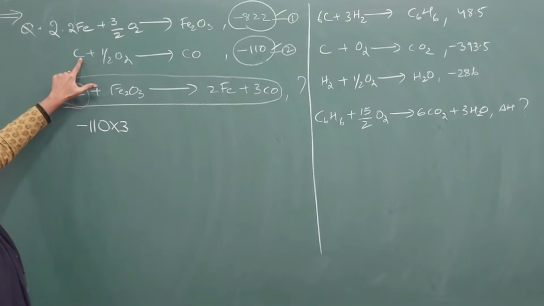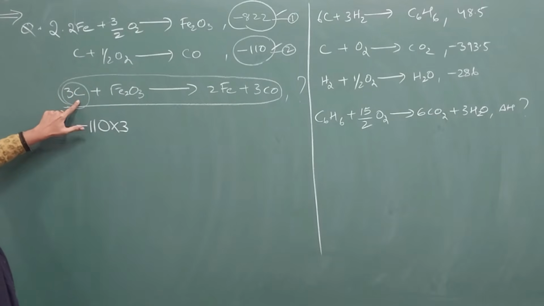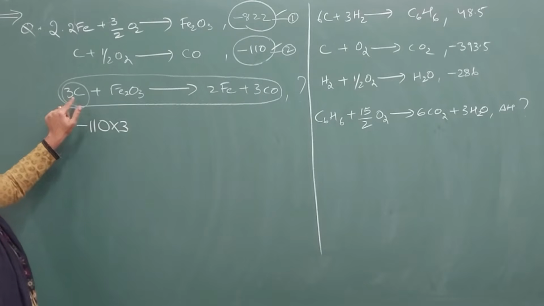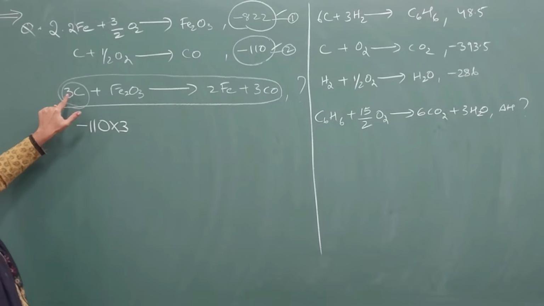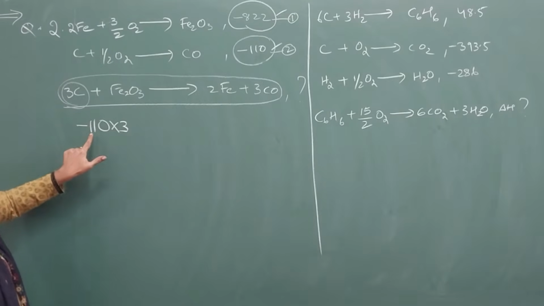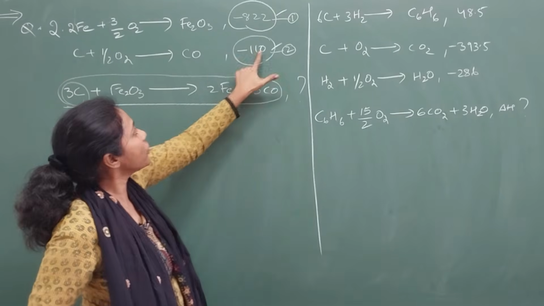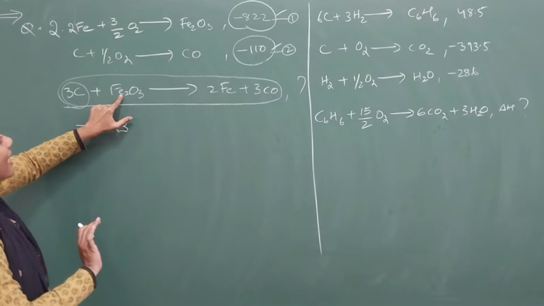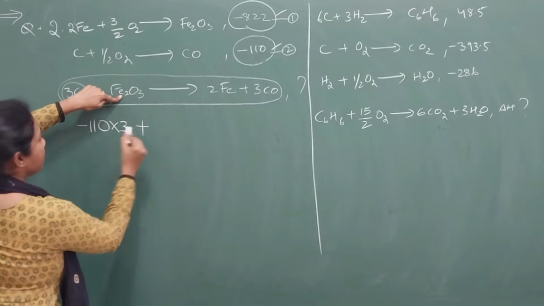Carbon is there in equation 2 on the reactant side. In the desired reaction also it is there on the reactant side. So I took its value as it is. But in the desired equation, you have 3 beside carbon. So for this equation's value you have to multiply with 3. That's it, guys. Now which is the other reactant? Plus.